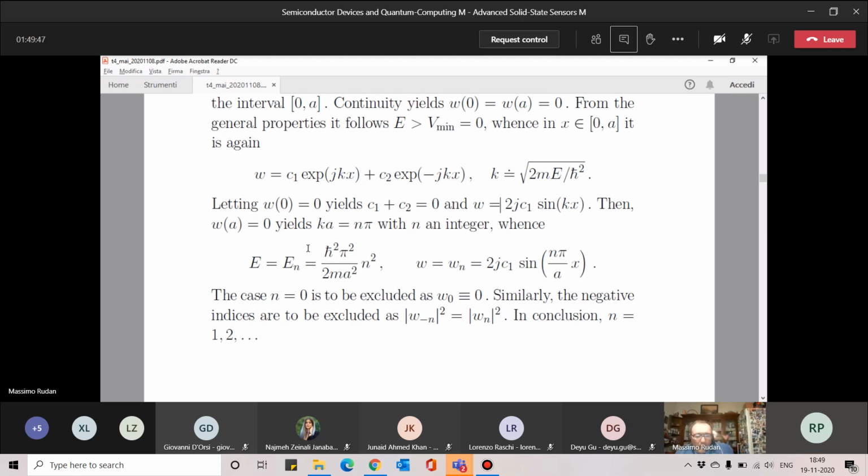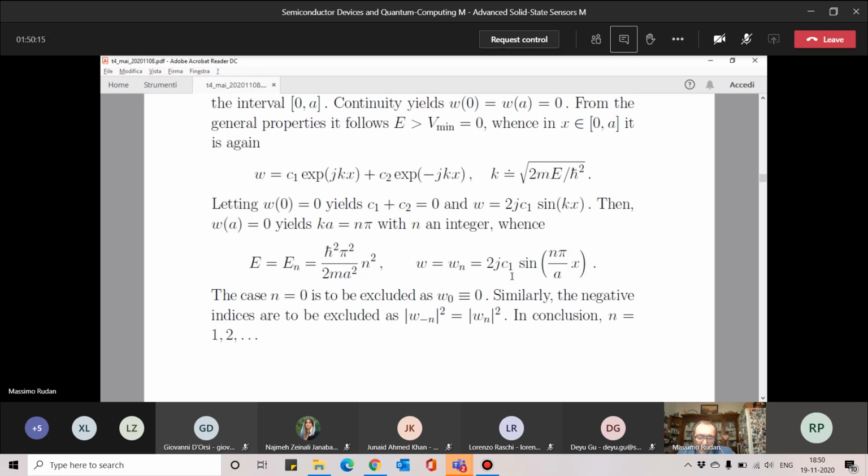It's proportional to n squared. And then, similarly, if you replace the same expression of k in the sine of kx, you obtain the form of the eigenfunction. So the eigenvalue is E sub n. The eigenfunction is W sub n, and its form is here.